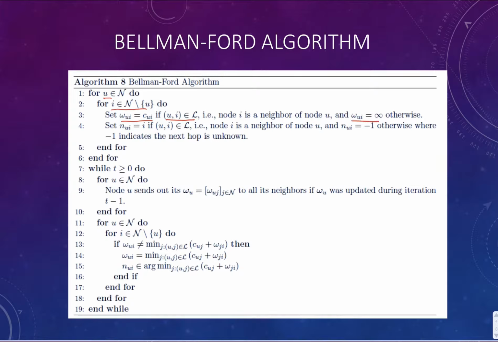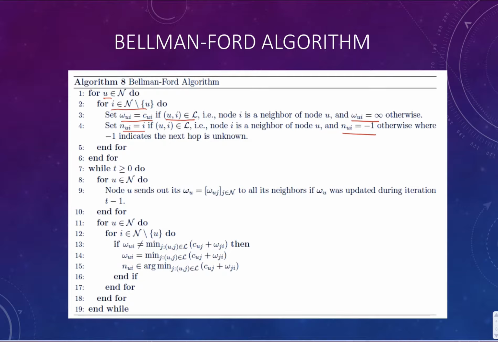Okay, and let N_UI be I if I is a neighbor. If I is a neighbor, then clearly I would be the next hop node to I. Otherwise we don't know the next hop node yet, so initialize it as -1. So this initialization step is similar to the Dijkstra algorithm, but notice that in Dijkstra's algorithm we were setting previous hop nodes, and here we're setting next hop nodes.